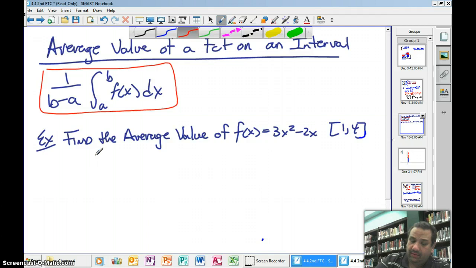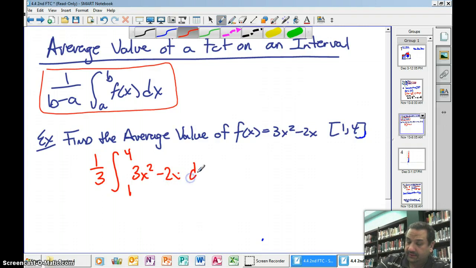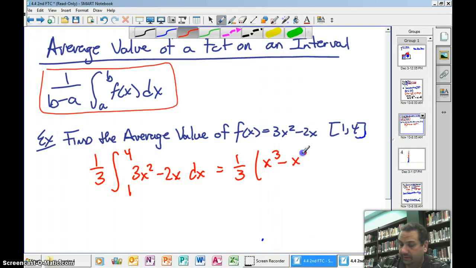This is going to be 1/3 of the integral from 1 to 4 of 3x squared minus 2x dx. When I do that, this is going to be 1/3 times x cubed minus x squared, all evaluated at 4 and 1.